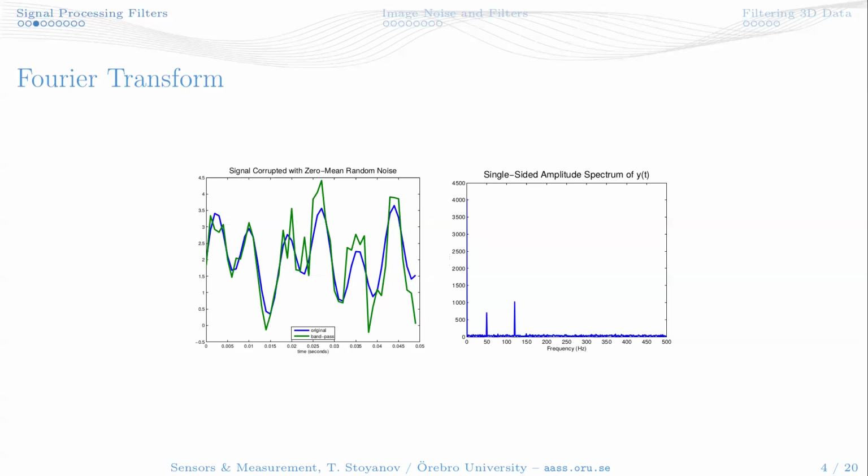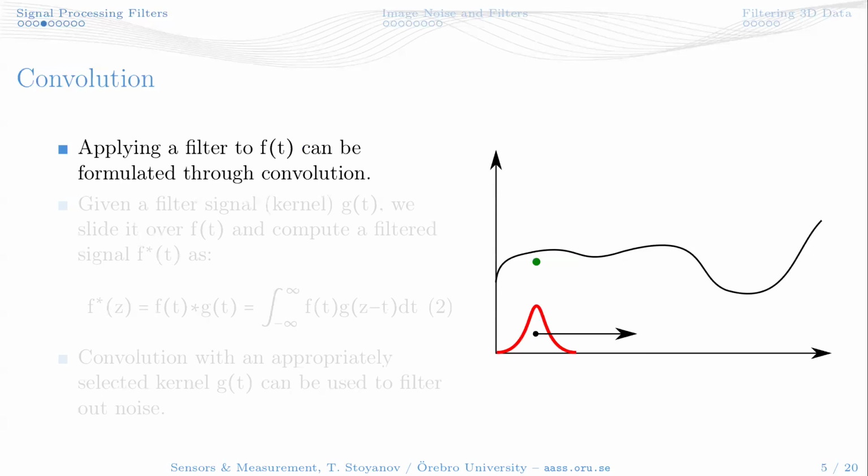However, there is a general truth about signals is that the noise is typically the high frequency components of the signal. So one way to filter out noise, and we're going to look at that, is just removing the high frequency components.